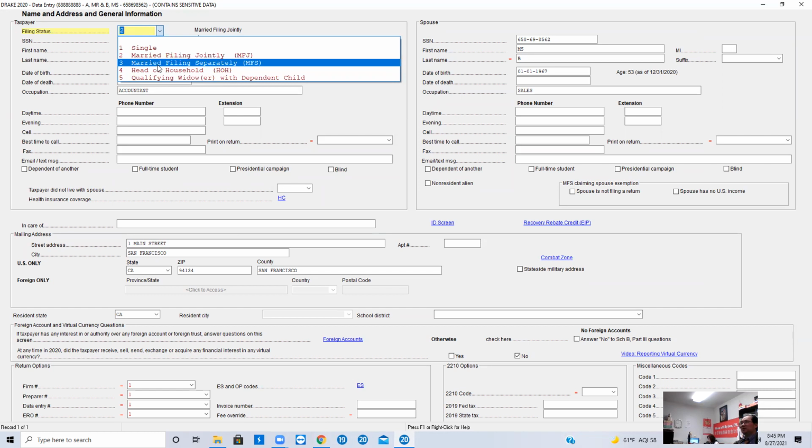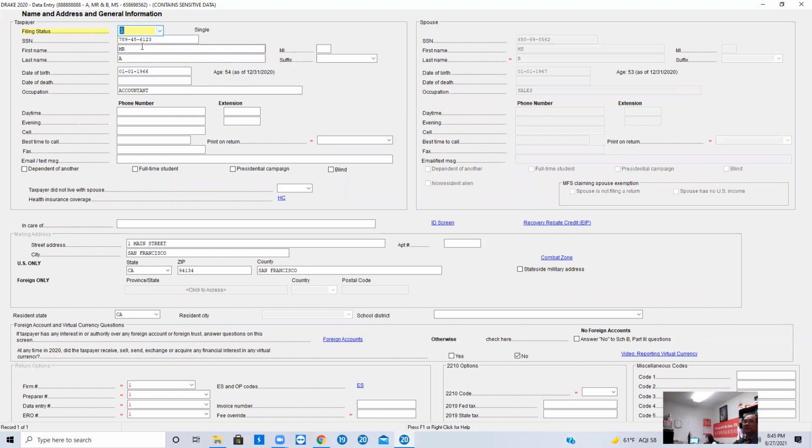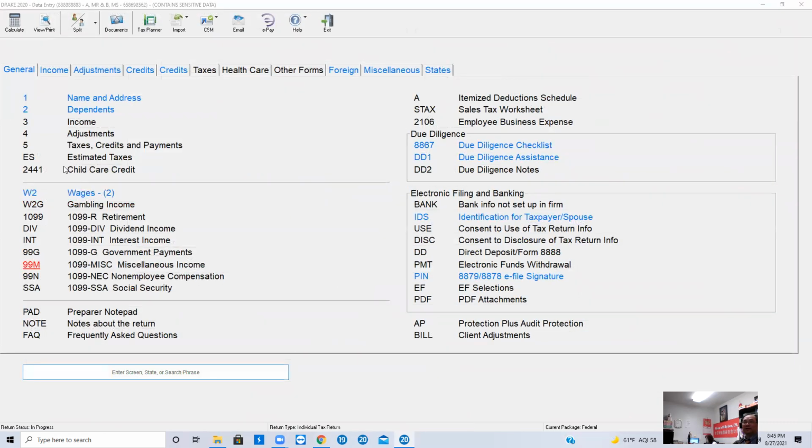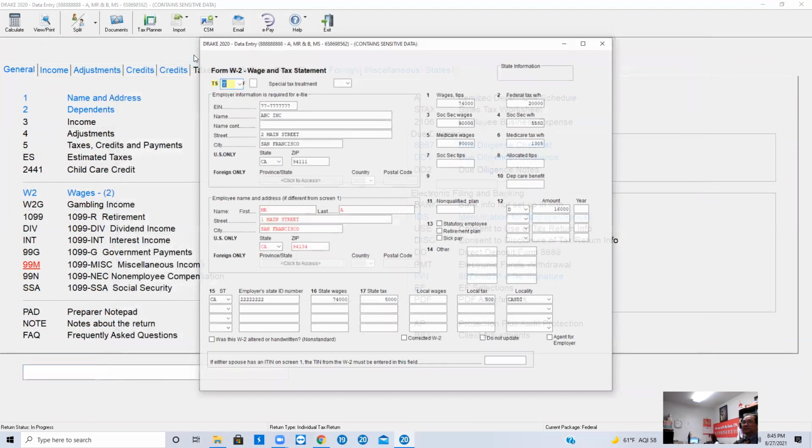You have to choose: is it married, is it single, is it head of household? You have to choose the right one in order to answer your question. Let's say single. How much does this person make? Now we only talk about this person, right?